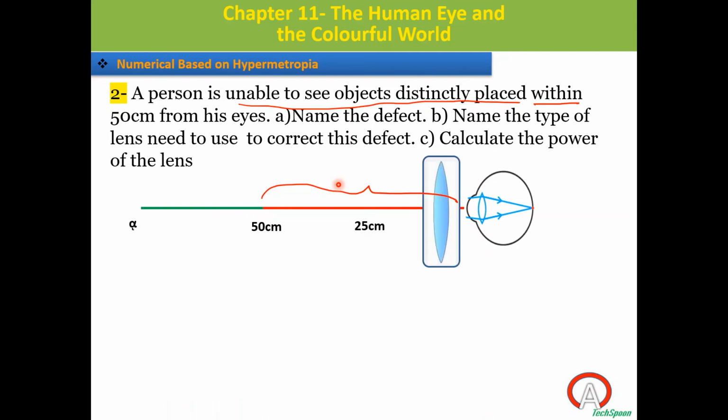Okay, I am keeping a convex lens here. So what do we need to do to correct? If I am keeping the convex lens here, what does this lens have to do?